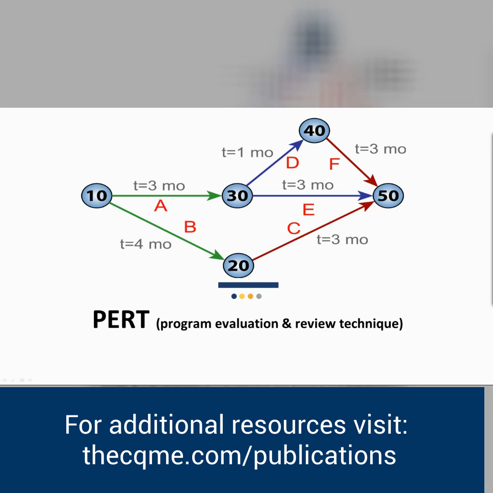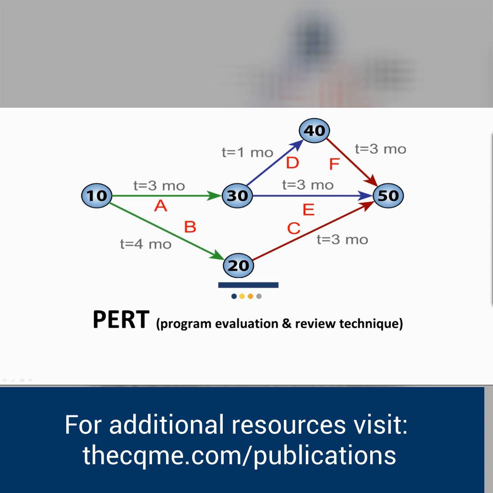Time frame here would be maybe 3 months for A, B would be 4 months. So you could see this path is a little bit longer. And this path helps you determine what is the critical path, like what path is going to take the longest to do.